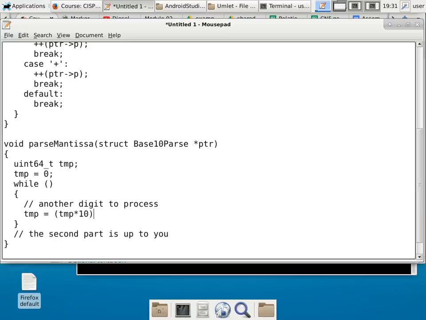So everything that you saw before needs to be multiplied by 10, because you have one more significant digit at this point. So everything is now more significant than it used to be. Is that making any sense? Okay, so basically this is the same thing as a left shift, but in base 10. Then you have to add to it the value represented by the digit that you're currently seeing.